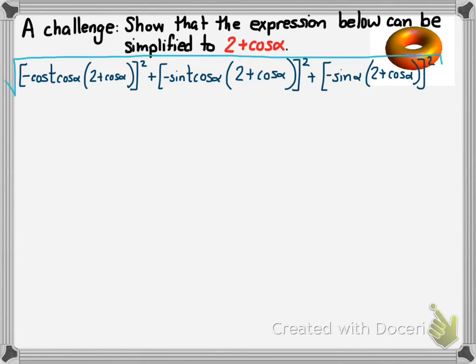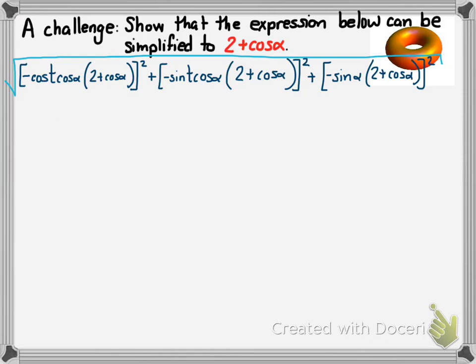We have the square root of negative cosine of t times cosine of alpha times 2 plus cosine of alpha, that whole thing squared, plus negative sine of t times cosine of alpha times 2 plus cosine of alpha, that whole thing squared, plus negative sine of alpha times 2 plus cosine of alpha, that whole thing squared.